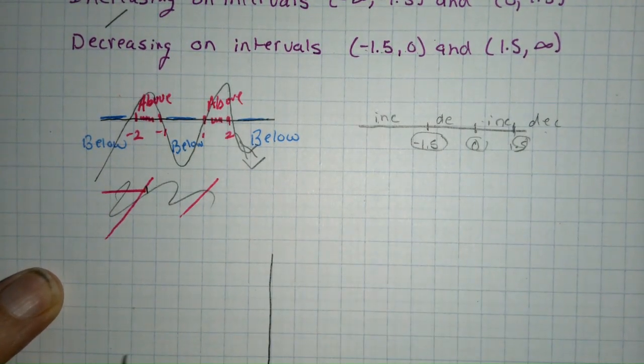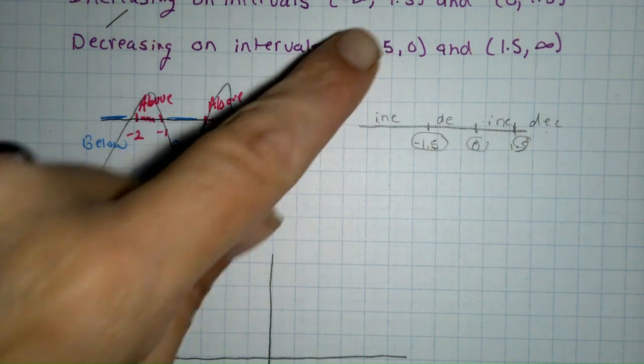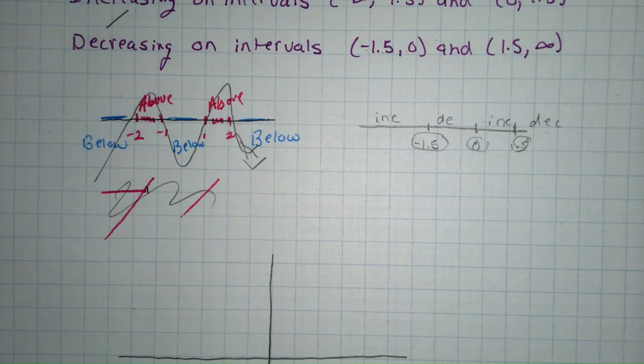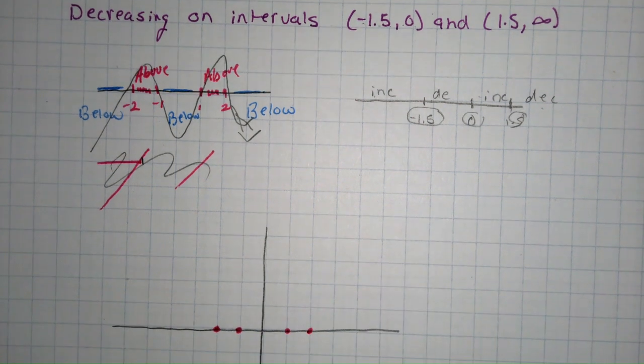Okay, but we do know our x-intercepts because that's where we switch from increasing to decreasing. So, sorry, not increasing to decreasing, positive to negative. Whew, helps if I use my vocab words. So here's -2, -1, 1, and 2. Those are our x-intercepts because that's where we switch from positive to negative.